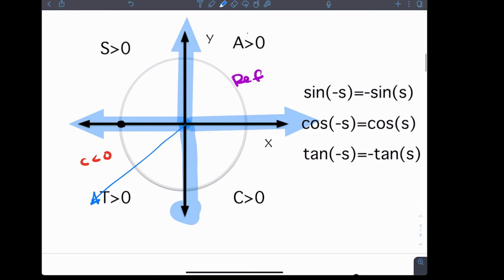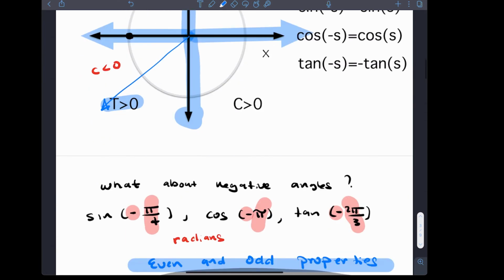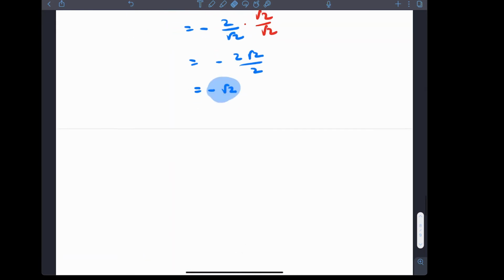All students take calculus. What about tangent there? Tangent's what? Tangent's positive in quadrant 3. You guys see, this is why we look for all those quadrants. All students take calculus. In other words, tangent is positive. It's the same answer.